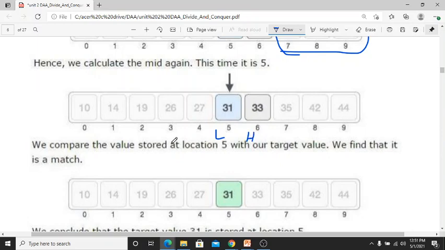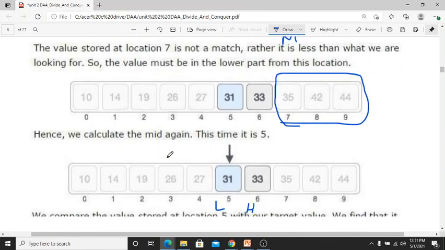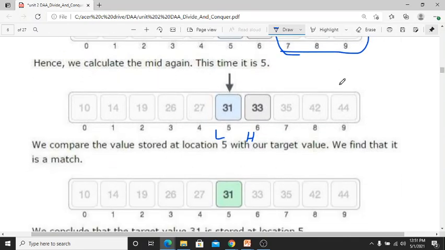Whenever you are coming to the left-hand side, you must change high is equal to mid minus 1. So what was the mid? 7. 7 minus 1 is 6.